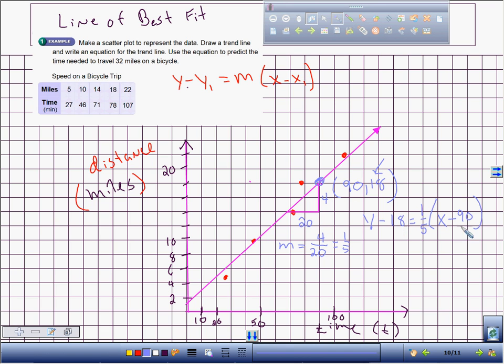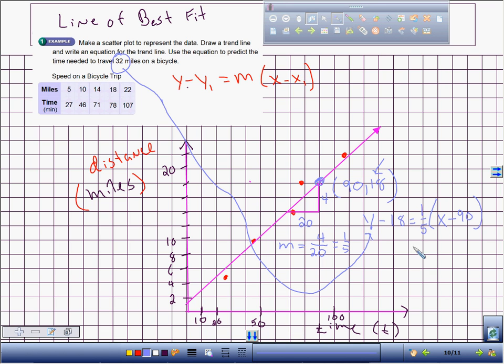Okay? So using this equation, I'm going to take 32, and I'm going to plug it in, which is miles, x or y? Which is miles, x or y? Y. So what that's asking you to do is to take the equation that you have and take that number and put it in there for y.